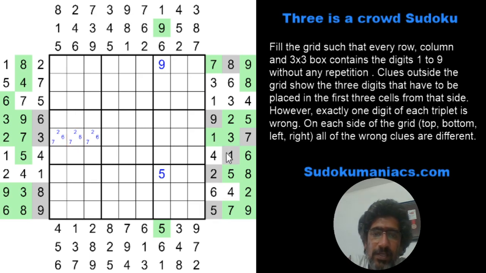Which means this one has to be false. Which makes this 4 a true. This one is true. Correct? So if this 4 is true, this will be false and this one will be true. So we eliminate this 4 and then we have this 4 also, which is true.